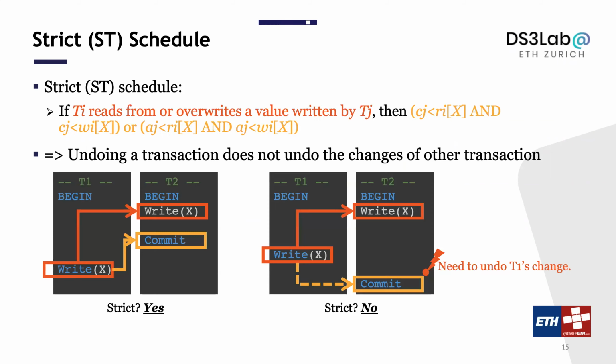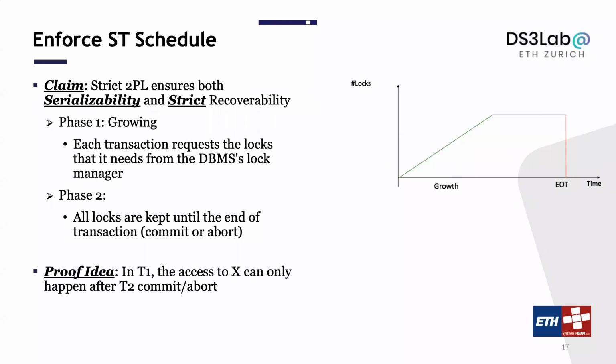That is almost the same as the definition of a strict schedule. Remember our definition: whenever Ti reads from or overwrites a value from Tj, Tj needs to commit or abort before the read and write can happen. You can see that by holding all the locks until the end of the transaction, strict two-phase locking enforces precisely that condition.